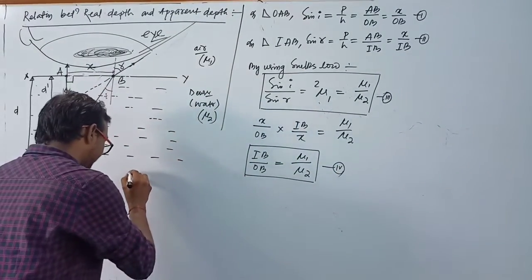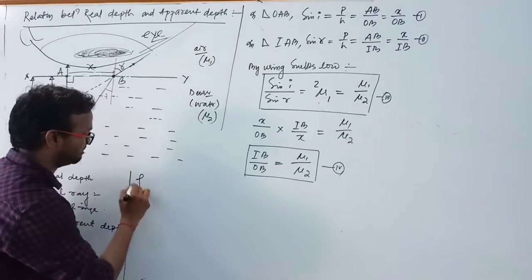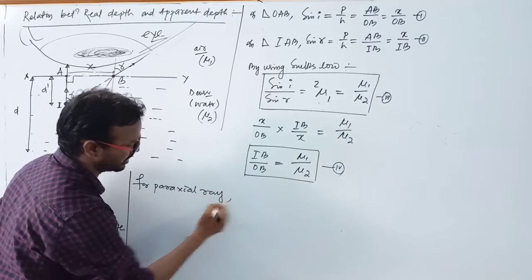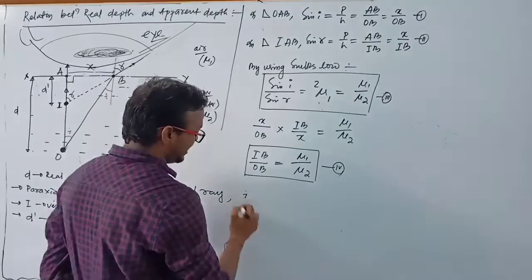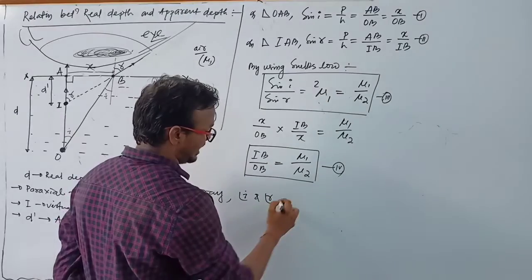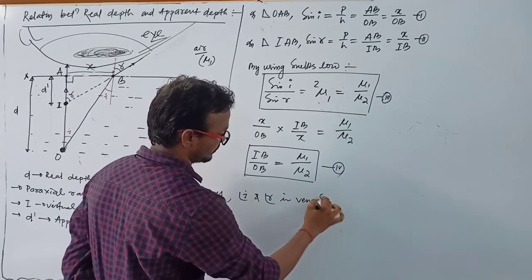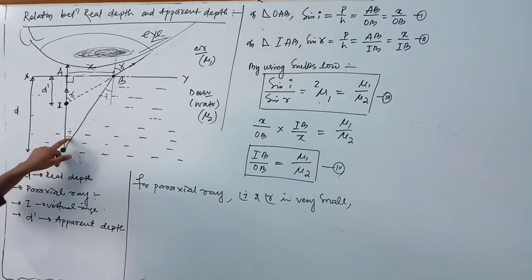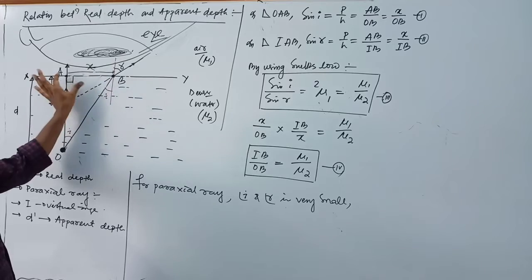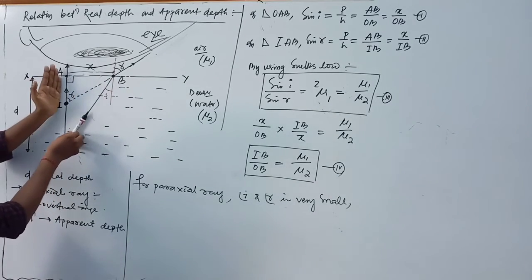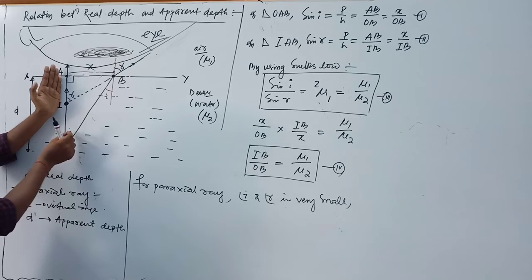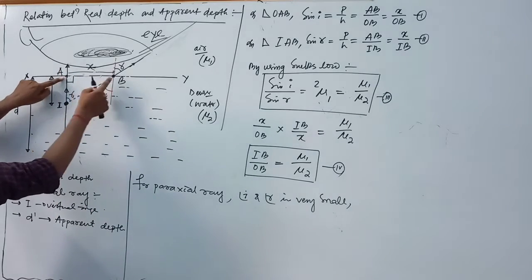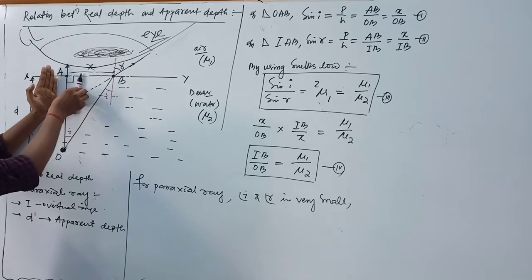For a paraxial ray, the angle of incidence I and angle of refraction R are very small. If this angle is very small, then point A and point B are very close to each other. For convenience the angle is drawn like this, but it is very small for a paraxial ray, which means point A and point B are very close to each other.